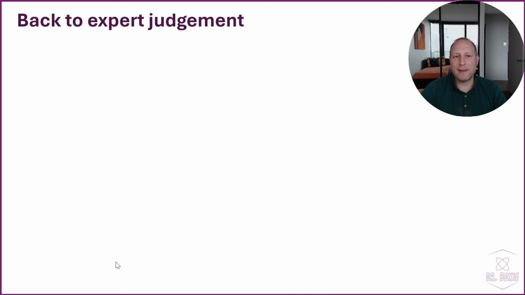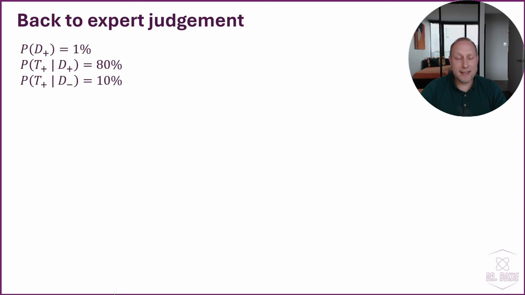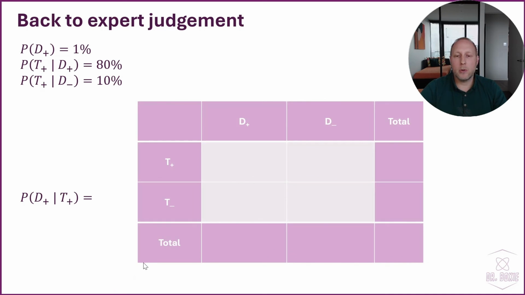Finally, I want to show you a different way of getting that same result using a table which may make it a bit more tangible. So we have exactly the same situation, the same setting, and the same question, P of D plus given T plus. And we will do it using a table. The columns represent the people who have cancer and those who don't.